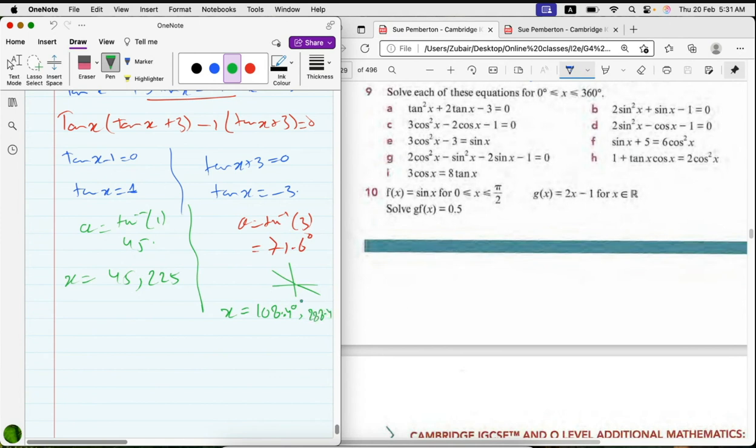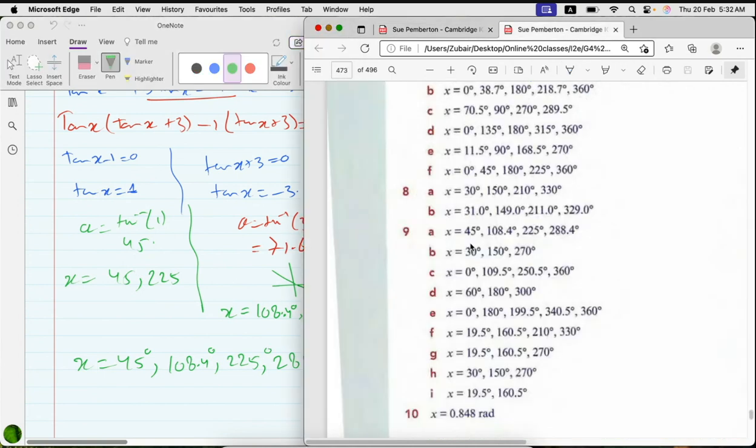Now we just write them in order. x equals 45, 108.4, 225, and 288.4. So for 9A: 45, 108.4, 225, 288.4.